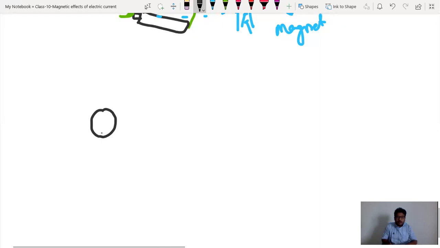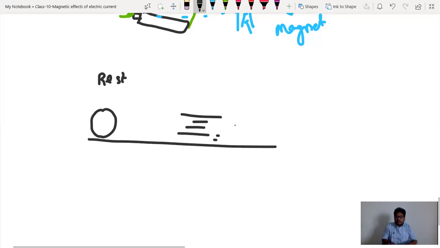If there is a ball, consider that the ball is at rest. Now I want to make that ball be in motion. So first the ball is at rest. I want to set it into motion. What I have to do means, definitely I need to apply some force on it.